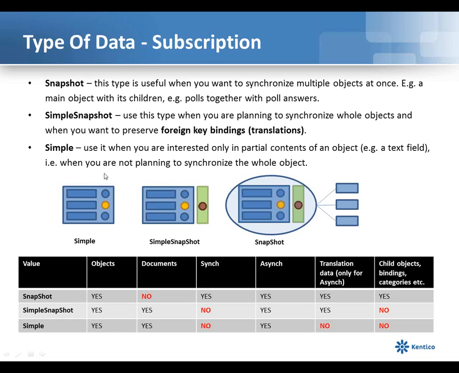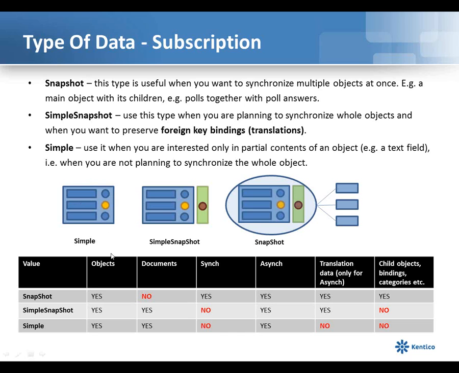So once again, this is the object. It could be a document, or it could be whatever else, a user role. It has properties, and those properties have values. So this is the value of the property, value of the property, value of the property. Some properties could be foreign keys. Right, so imagine that this is a foreign key to another table.